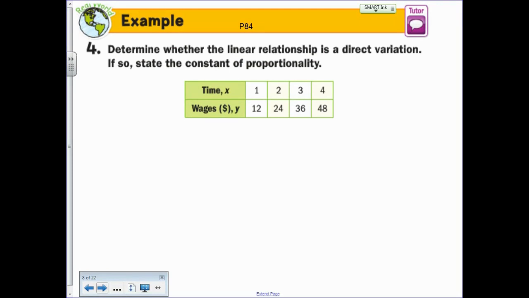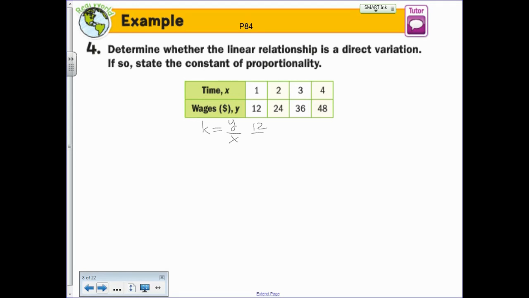And finally, number 4, it says determine whether the linear relationship is a direct variation. If so, state the constant of proportionality. Okay, the constant of proportionality, again, we're going to call that k, has to equal y over x and has to be constant, has to be the same for every one of the y over x ratios. So let's see if this is constant.